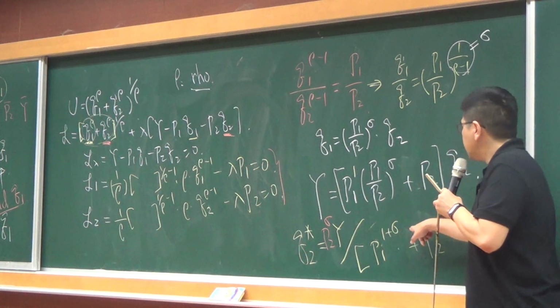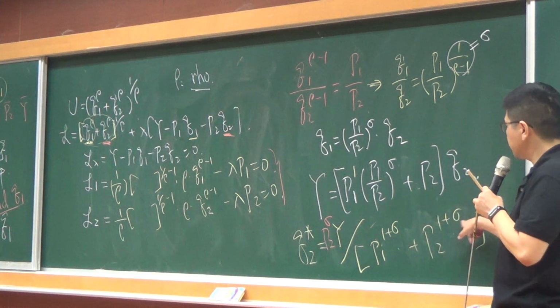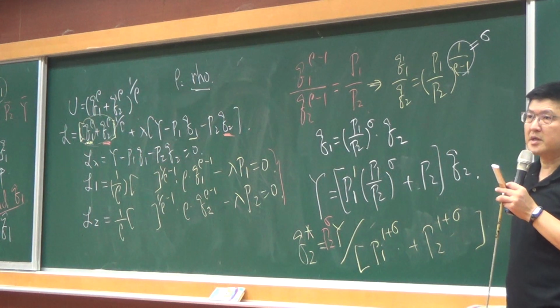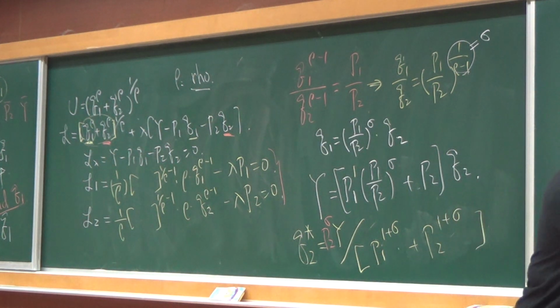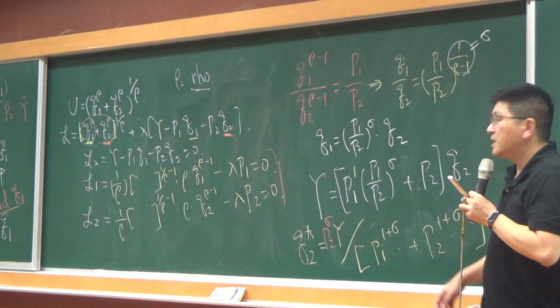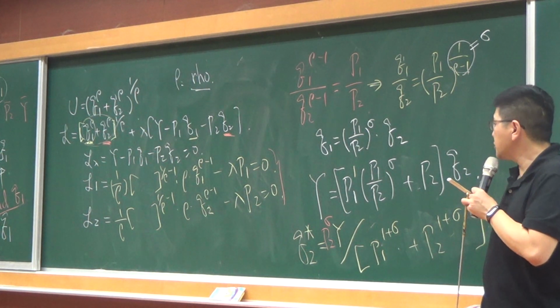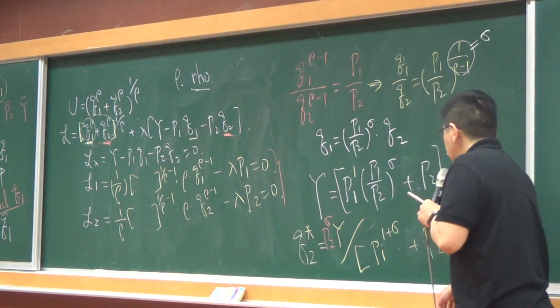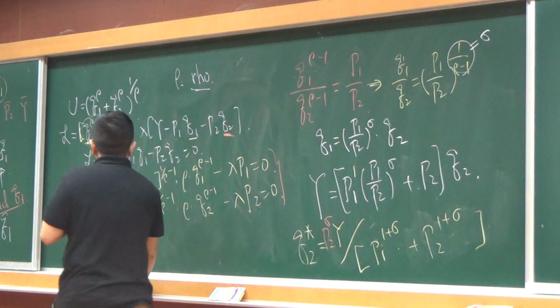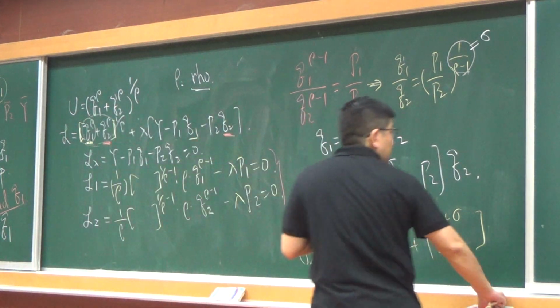And P1 to the power of 1 plus sigma, plus P2 to the power of 1 plus sigma. Okay? So this is how we derive Q2 star. And Q1 star is not difficult here.